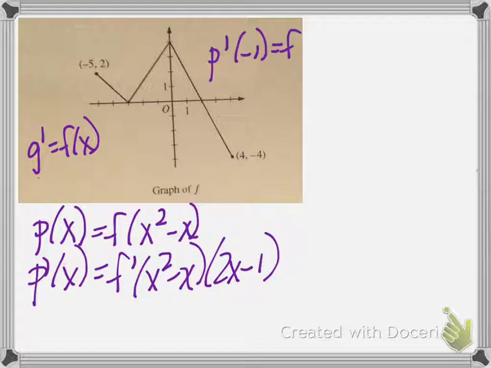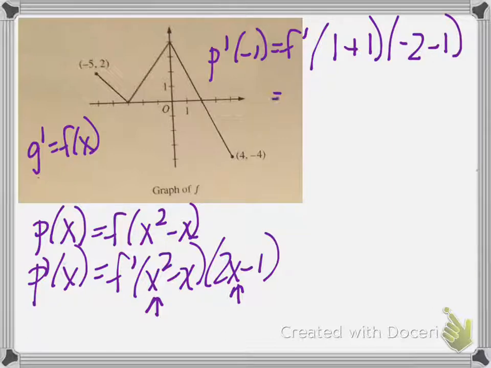So that means wherever there's an x, we're going to put a negative 1. So a negative 1 over here squared is just going to give you positive 1 minus a negative 1, which will become a positive 1, times 2 times negative 1 is a negative 2, and then we have minus 1.